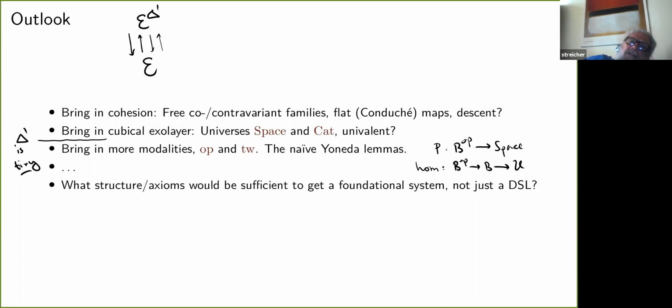This is not enormously difficult, but it's a non-trivial, more advanced result. If one can do this in this setting, I would find that very convincing.